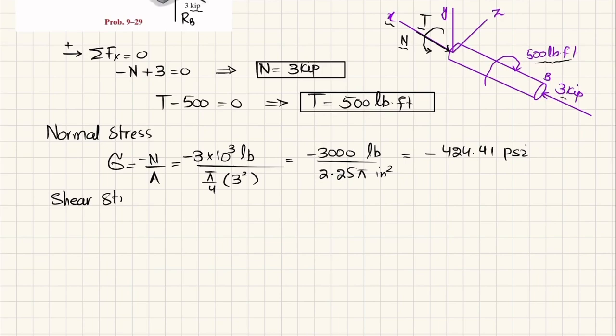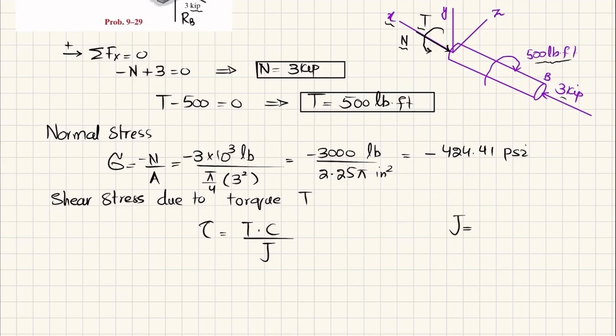Shear stress due to torque T. We know that shear stress due to torque T is equal to T into C divided by J, where T is torque, C is the radius, and J is polar moment of inertia.